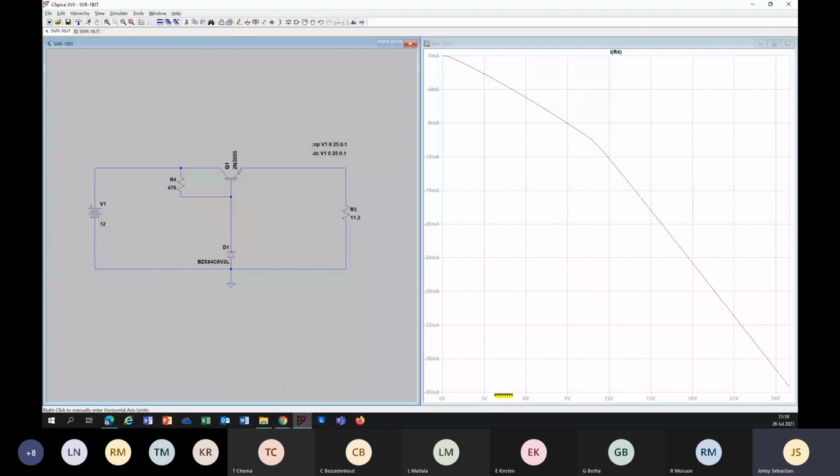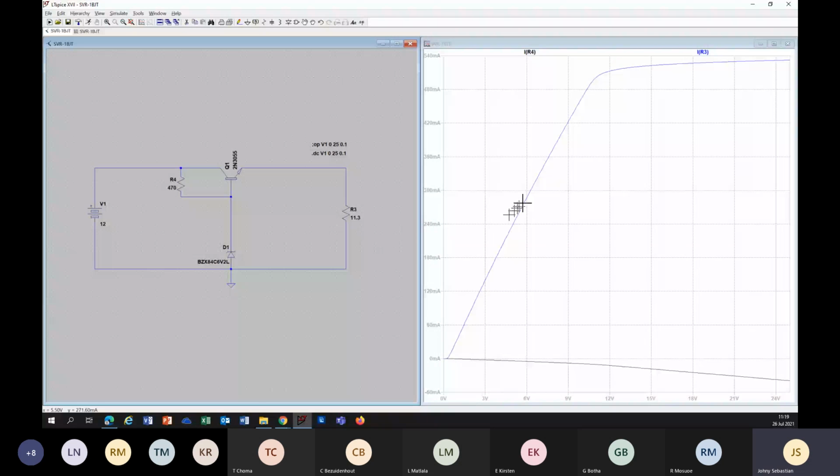We need to find why. Okay, now we can check the load current. Load current is almost identical with the load voltage. Okay, that is perfectly expected. When the output voltage is almost constant, the current through it is also constant.